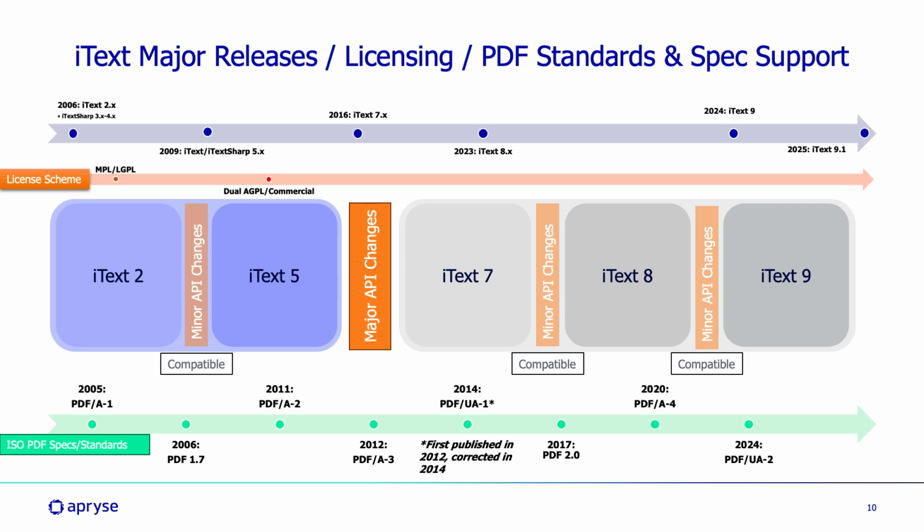So again, this is where we introduced our dual licensing. You have here all of our major versions. You'll notice here, and I think this is fairly important, that we didn't really introduce breaking changes between iText 2 and 5.